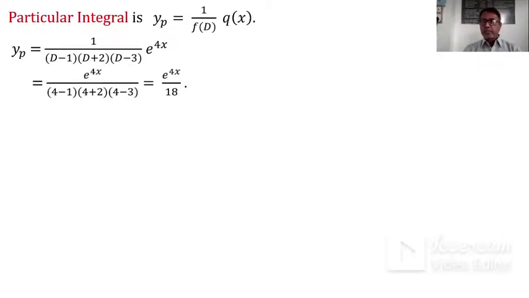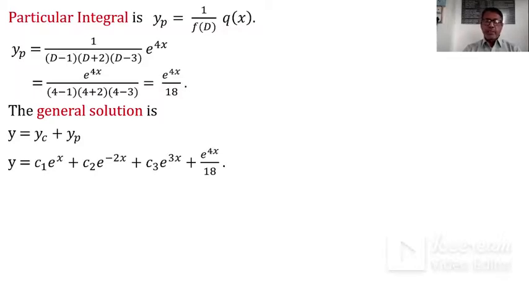And we get this. After simplification, this is our yp. Therefore, we write the general solution as yc plus yp, and this is equal to c1 e to the power x plus c2 e to the power minus 2x plus c3 e to the power 3x plus e to the power 4x upon 18.